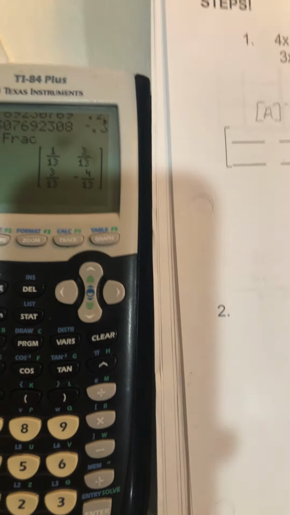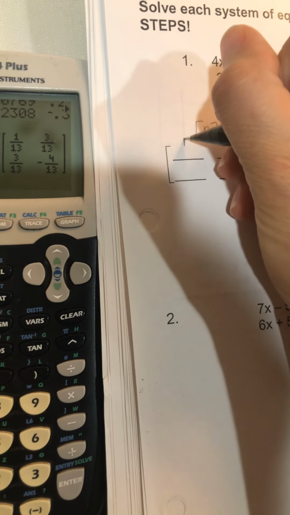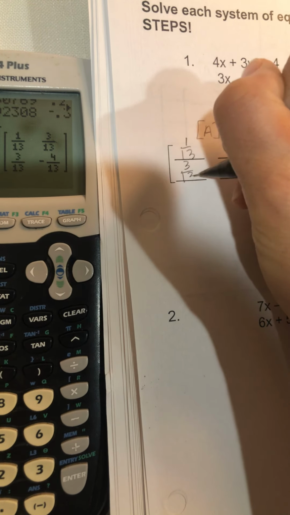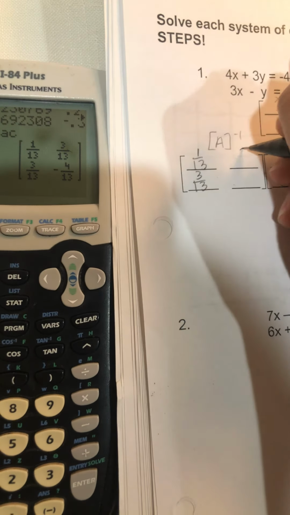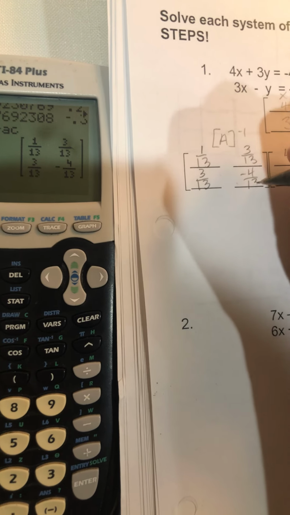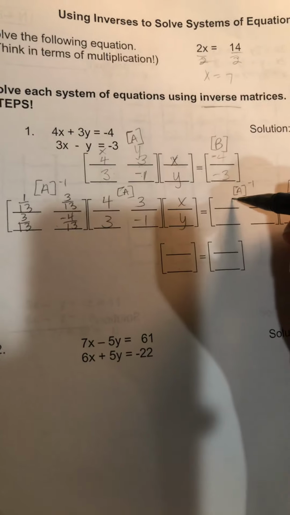Okay, so let's see what we have here. We've got 1/13. We're going to fill it in right here. We've got 3/13, 3/13, and -4/13. Okay, since this is the inverse of A, we're multiplying both sides by the inverse of A, so we're going to rewrite it over here too.